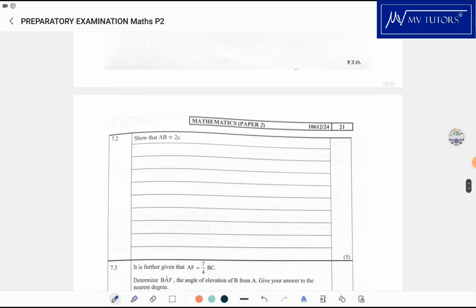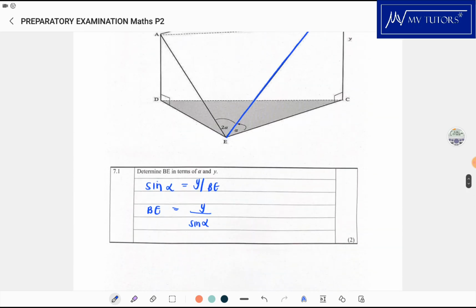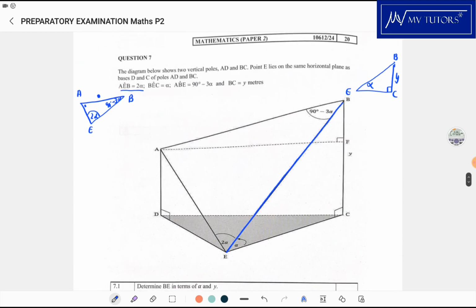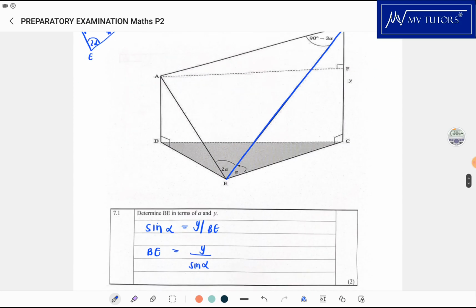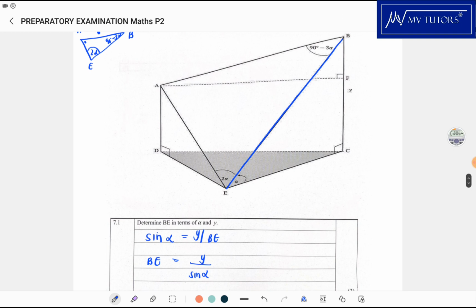All right, for 5 marks, show that AB is 2y. Okay, so where do we start? I would say we just determined BE, right? BE is y over sine alpha.